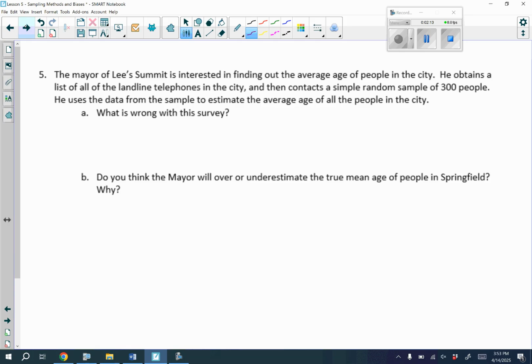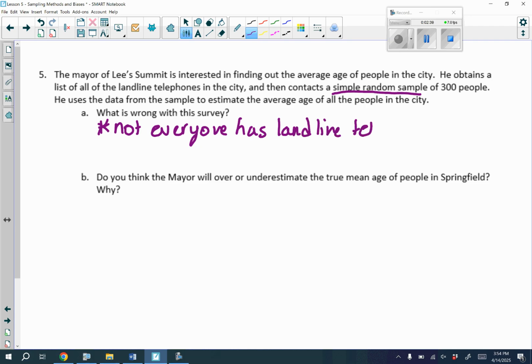Okay, let's talk about what could be wrong here. Notice that even though he used a simple random sample, which is good to use, he only contacted people that had landline telephones. Does everybody have landline telephones? No. So that could be something that is wrong here. Not everyone has landline telephones, so he's missing out on a group of people, especially those that don't have landlines.